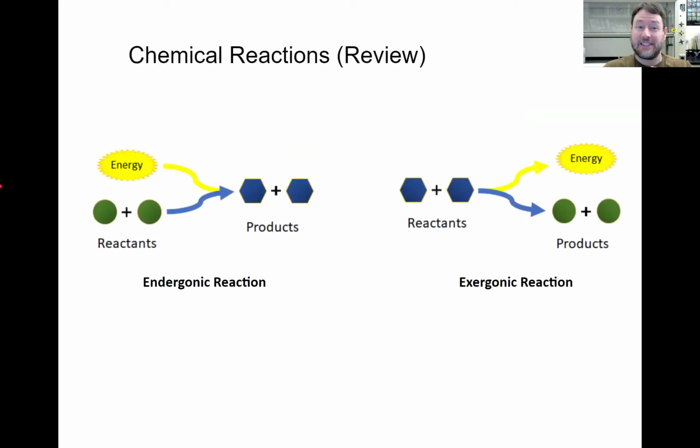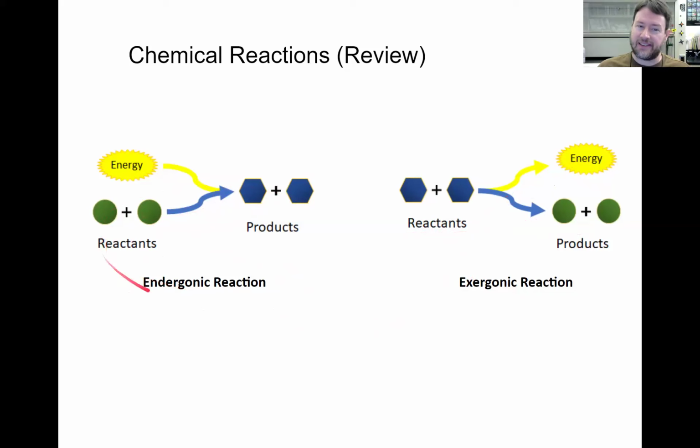All right, so just to remind you of the two types of chemical reactions: the ones where energy comes in, and so the products have more energy than the reactants, those would be endergonic reactions. And the opposite, where the reactants have more energy and the products have less and energy comes out, that's an exergonic reaction.